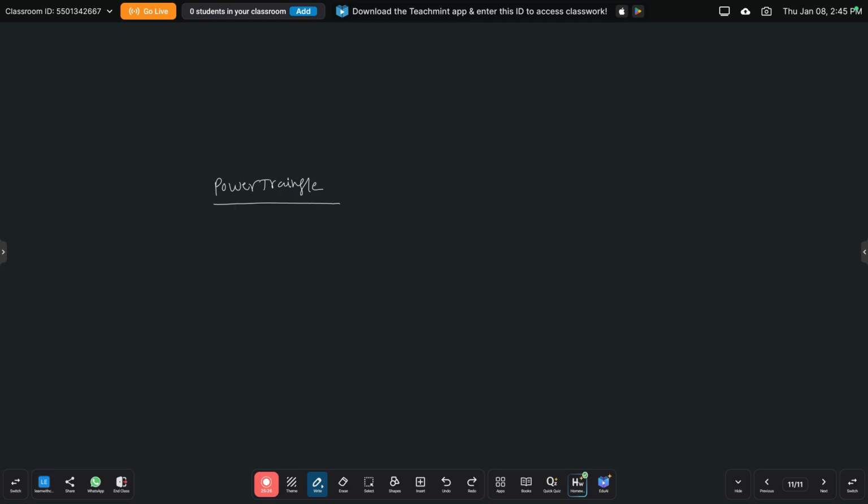Now if you take an inductive load, so we know that V and I, so I lags V. So now in the power triangle, you can take VI cos phi as P and this is VI sin phi, and this is the apparent power VI.